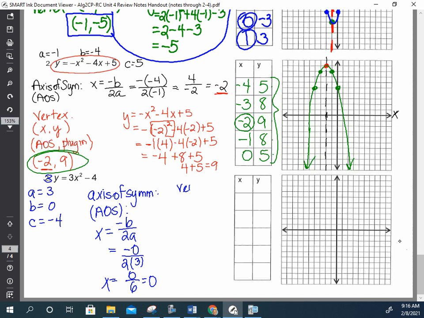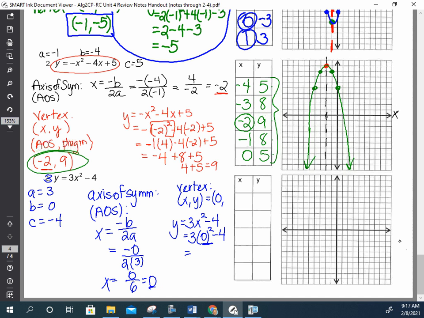Now we do our vertex. Vertex is a point. 0 counts as the x value. To get the y value, we now plug 0 back into the problem. Then remember order of operations.